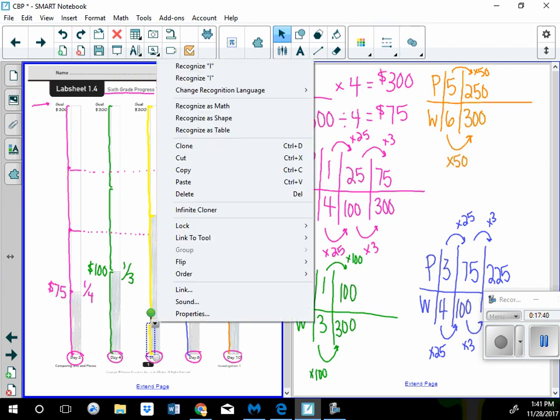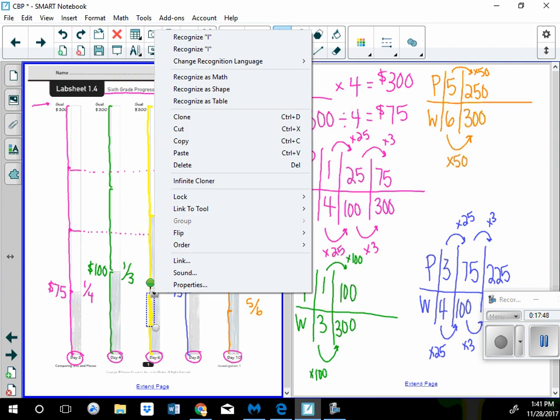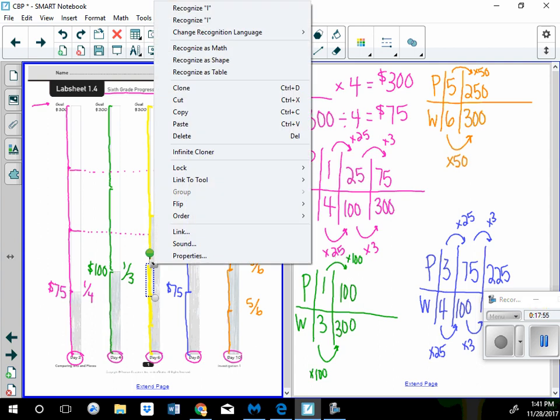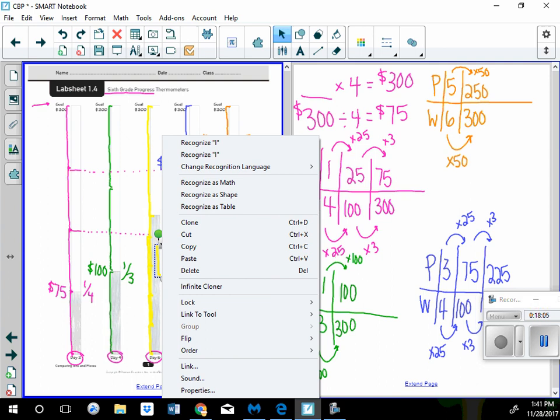So I have 1, it's hard to do, I'm being really precise, 2, 3, 4, it's going to be close. I think 5, it's going to be a little bit.